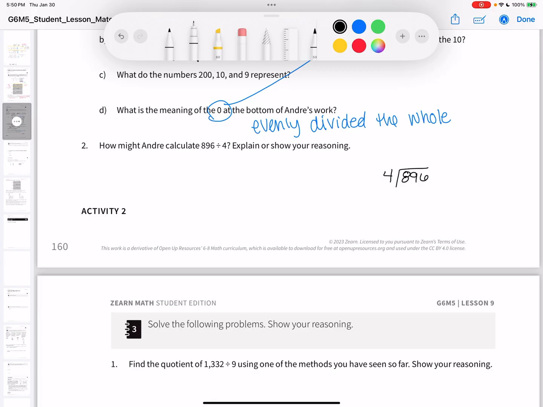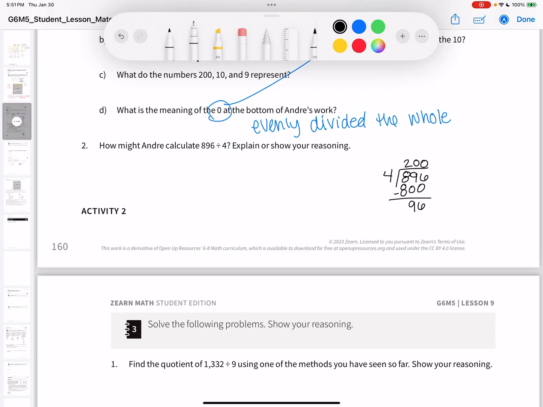How many times can 4 go into 8? Well, 4 goes into 8 2 times, but this is really 896. So 4 times what gets us 800? Well, 4 times 200 gets us 800. And then we subtract, and that gets us 96.